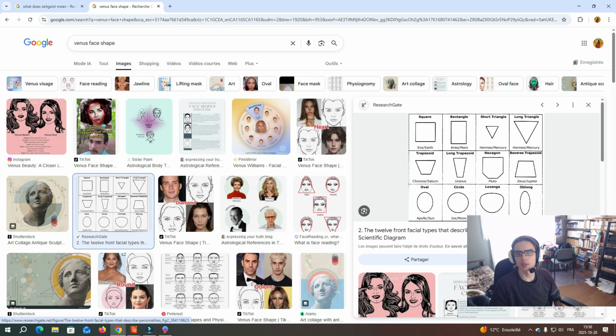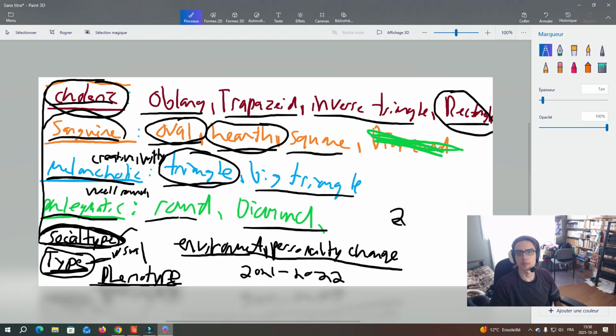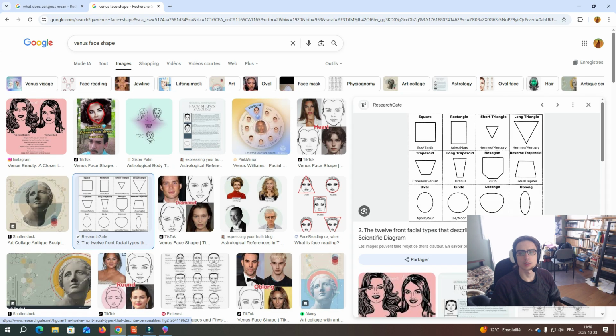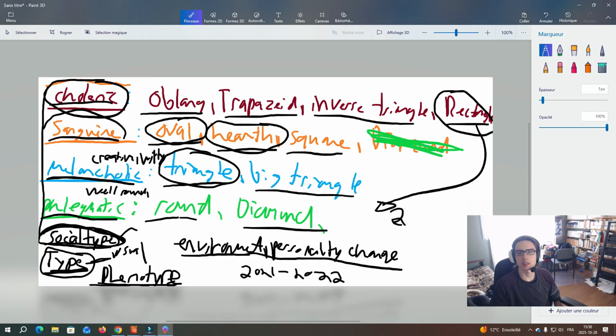Okay, oval, yeah. Circle, pretty much long. Hexagon, what the heck. Okay, no, I think that... is rectangle phlegmatic? No. And is hexagon there? Oh my god. No, I don't think hexagon is used.